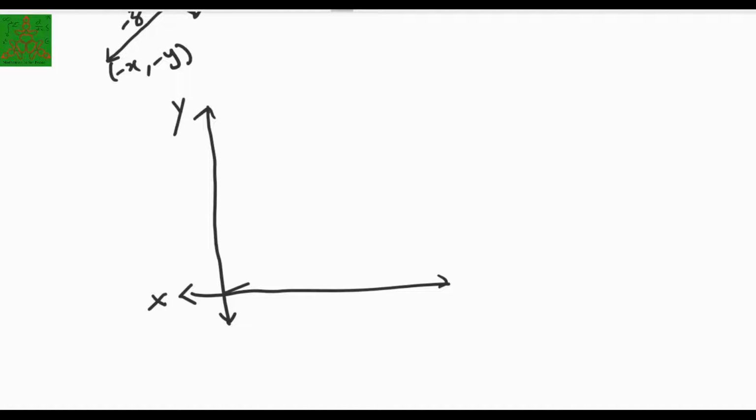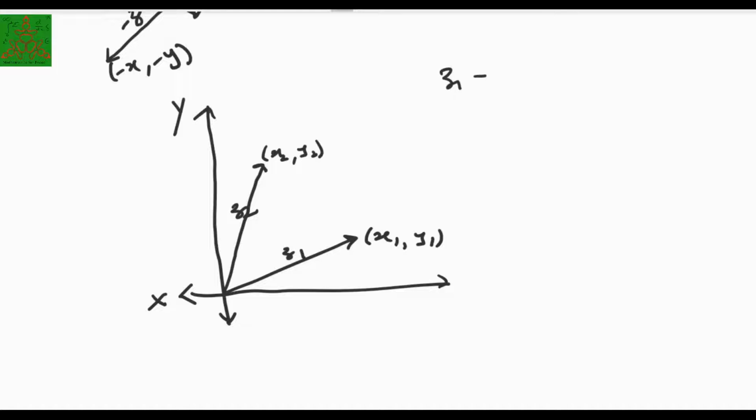If I consider this as x1 y1, that is your z1, and if I consider this as z2, that is x2 comma y2, what we need to find out is z1 minus z2. z1 minus z2 we can write as z1 plus minus z2. So we already know what is the geometrical interpretation of z1 plus z2. So what is the minus z2? The minus z2 is here on the opposite side of z2. This is the minus z2 you will have here.